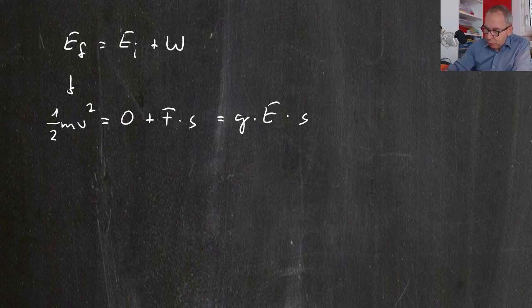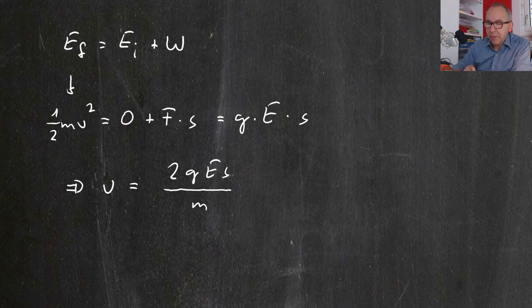We can resolve that for v. So I have to multiply both sides by 2 first. Then I have to divide by the mass on both sides. And then I have to take the square root out of it.